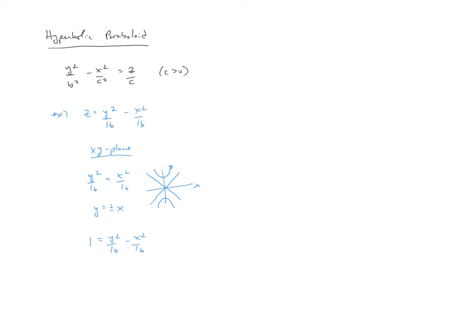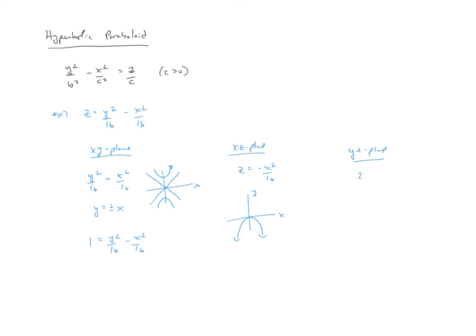Now, if we continue on to the xz plane, the xz plane is where we let y equal 0, so z would be negative x squared over 16. And so if that's x and that's y, that's just going to be a parabola that opens down. And then for the yz plane, that's where x is going to be equal to 0.